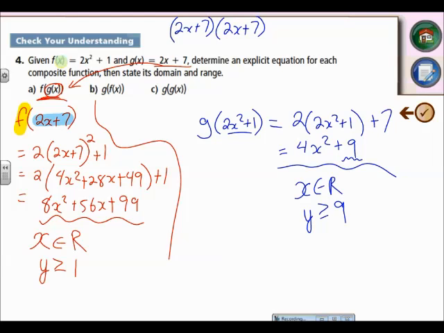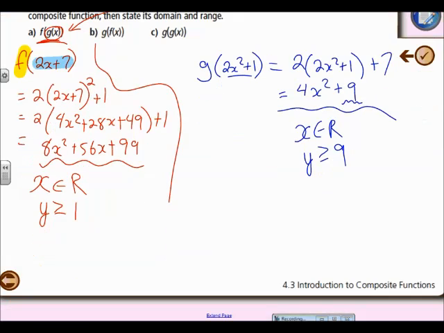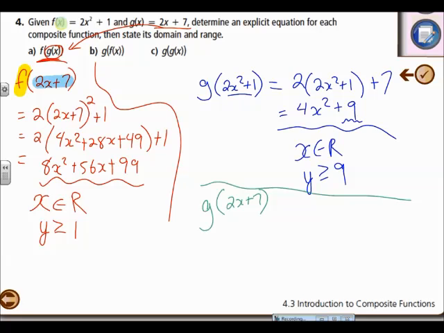Last one, stuff the g into itself. The g equation was, what was it, 2x plus 7. So wherever you see an x in the g equation, put 2x plus 7. So we start writing the g equation. Oh, there's an x, so I put this into its place. 2x plus 7, and keep finishing off g.